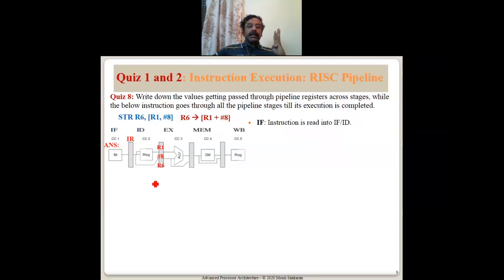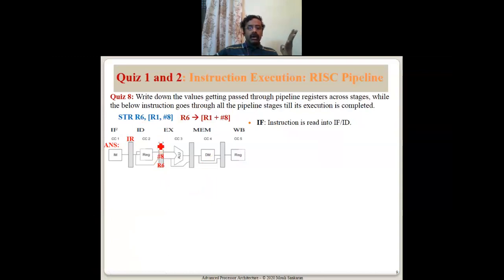R6 has to be stored into the memory. Now I need to access the value of R6 for me to store it during the memory cycle. I cannot suddenly go here and access it. There is no provision. The hardware circuit does not allow me.